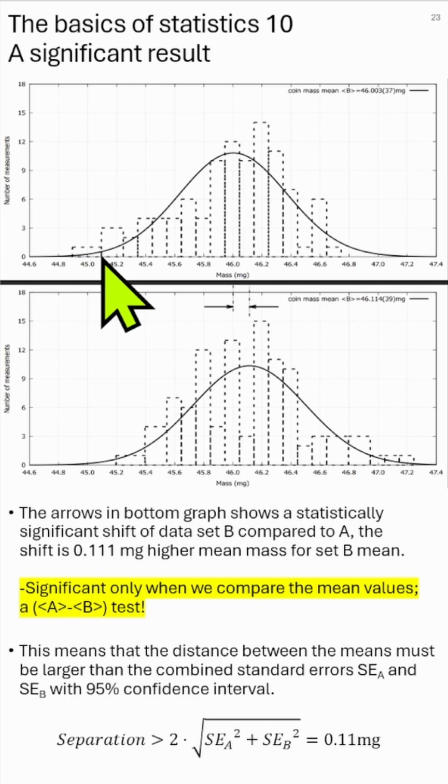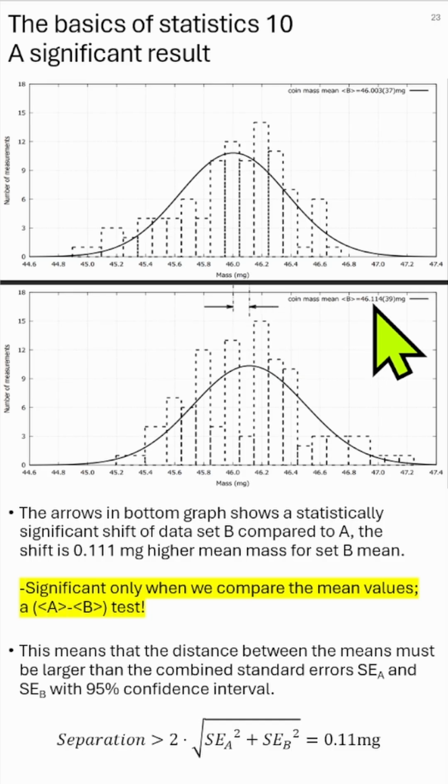The basics of statistics 10, a significant result. So here we see two histograms. The top one is normally distributed, a bell-shaped curve, and it has a mean value of 46.003 milligram and standard error of 0.037 milligram. The second data set below is also normally distributed, but the arrows mark out the mean values, and we see that the second set is slightly offset in mean value.